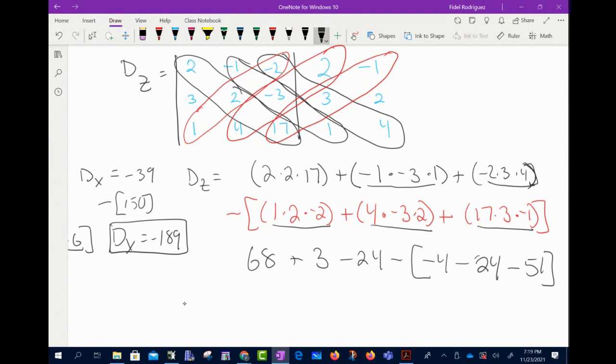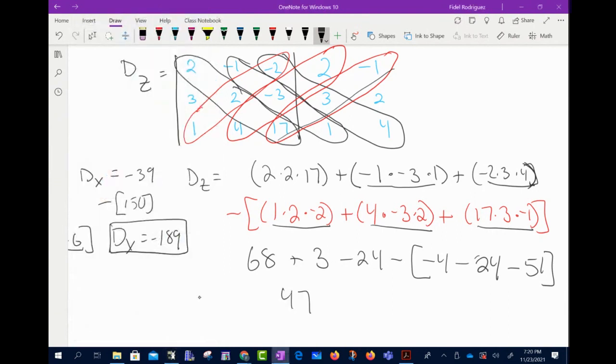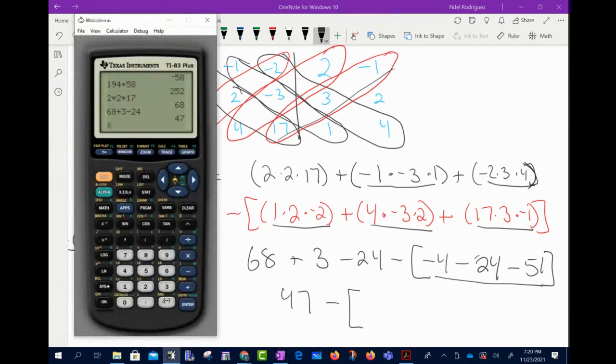17 times 3 times negative 1, right? Am I okay? Because I'm doing this column right here, that diagonal, right? So let's hope we're doing this right, because we've done all this work. We don't want to make mistakes. So this part here is 47 minus, let's see, all these here are negative. So we can say negative 4 minus 24 minus 51.